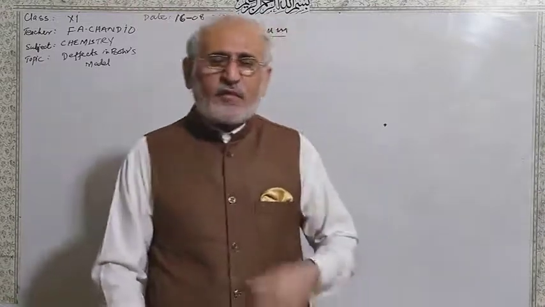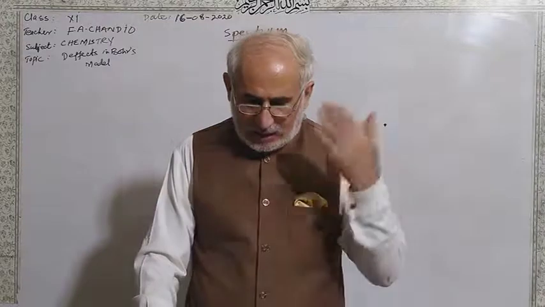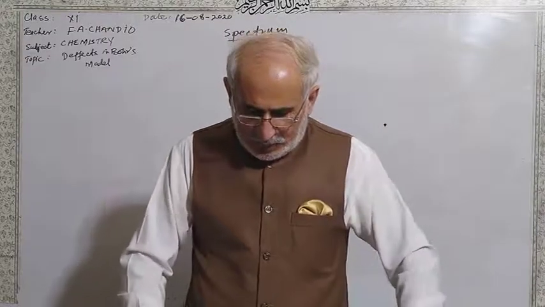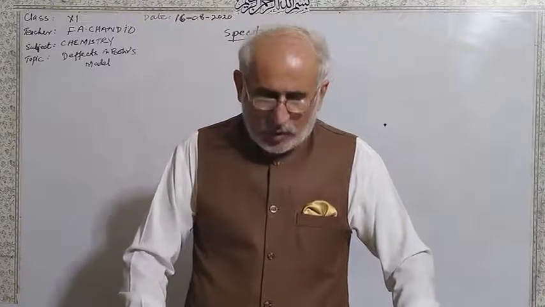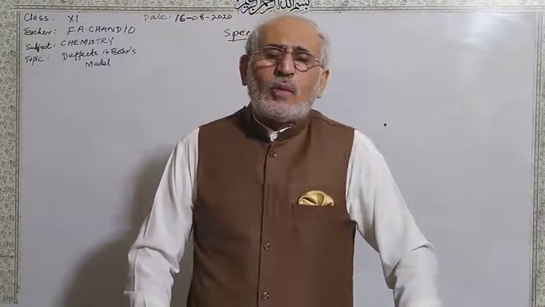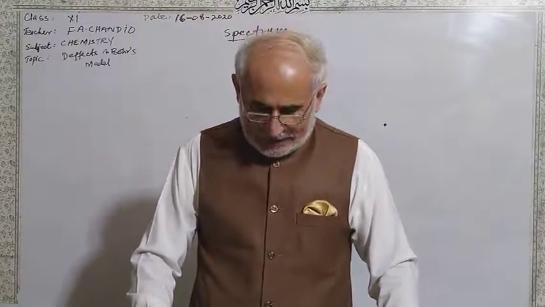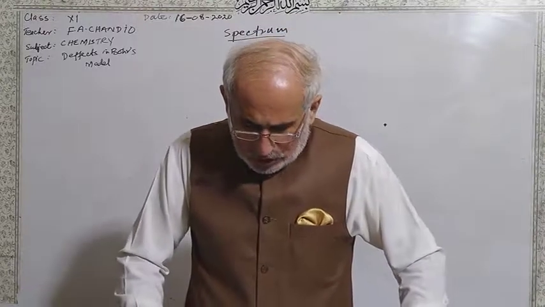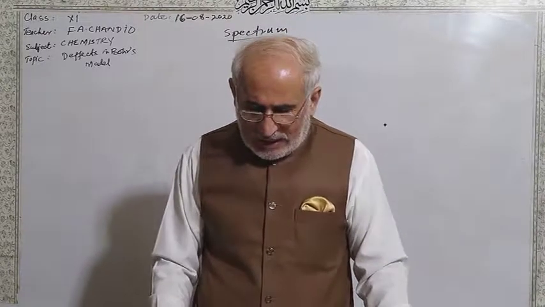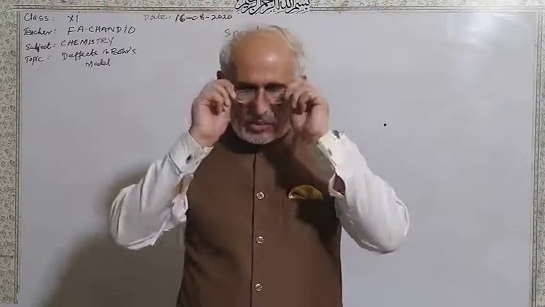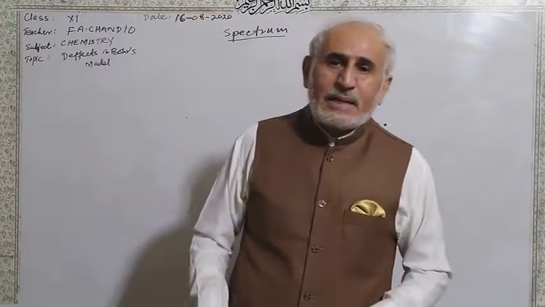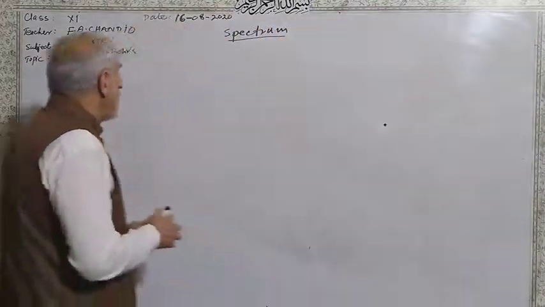So the first defect in the Bohr model, according to your book, page number 39 in my book, topic 2.24, first year class, grade 11: Bohr's theory cannot explain the origin of the spectrum of a multi-electron system. This is very important.